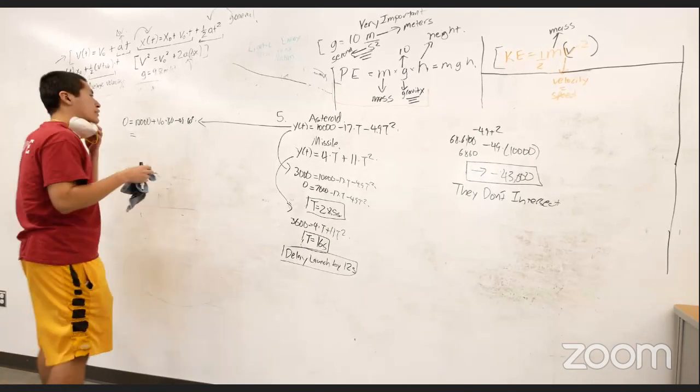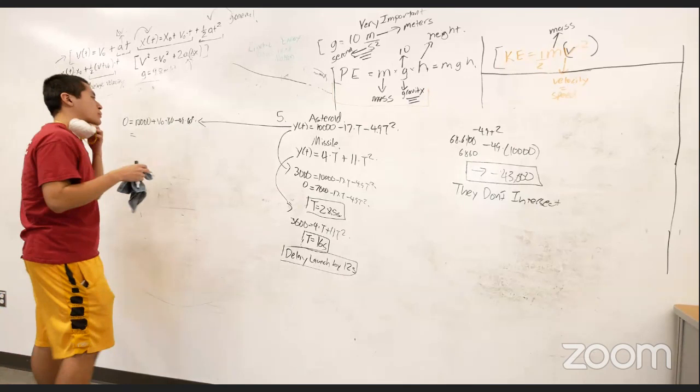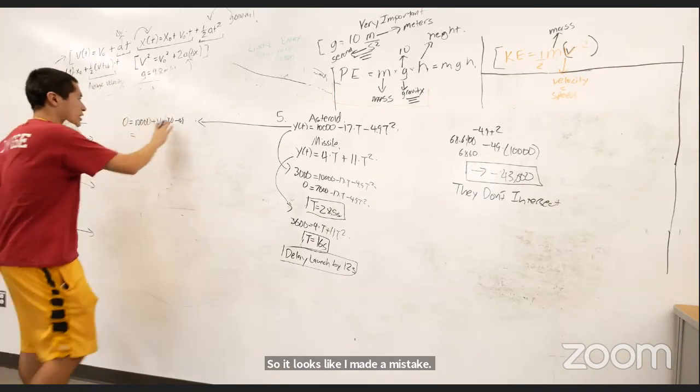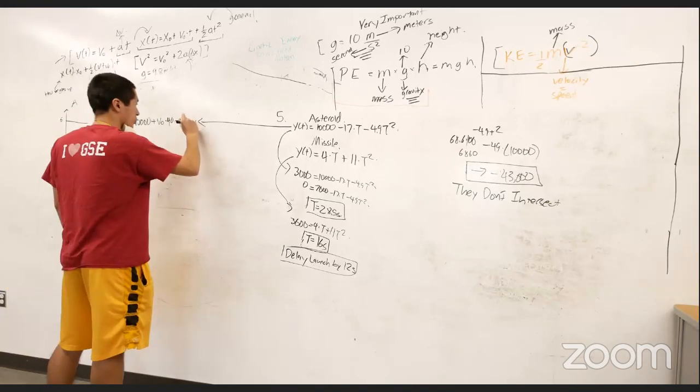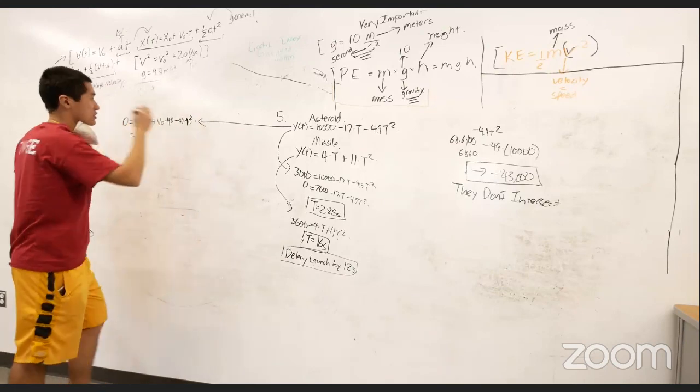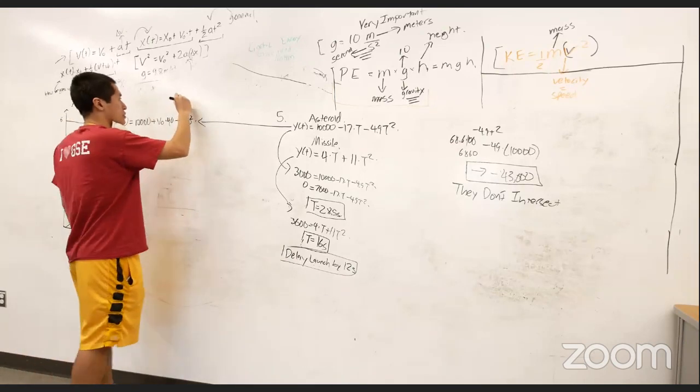I changed the wording of the problem, so it shouldn't be 60 seconds anymore. The problem with 60 seconds is that you'll get that the initial velocity is positive, which shouldn't happen. So just ignore that. I've already rewritten it, so it should start out at 40. That should be 40 squared. Sorry, 60 is wrong. It's 40 seconds.